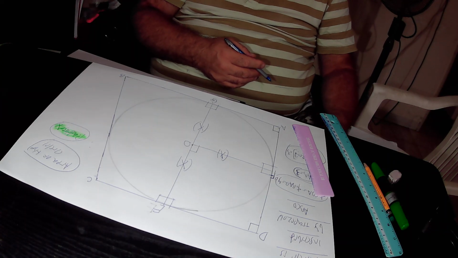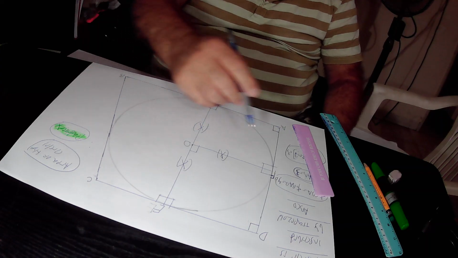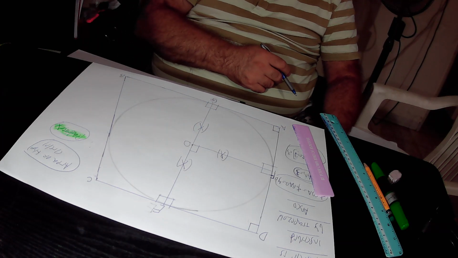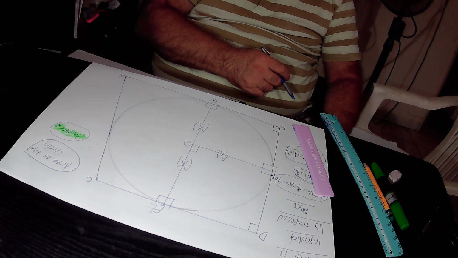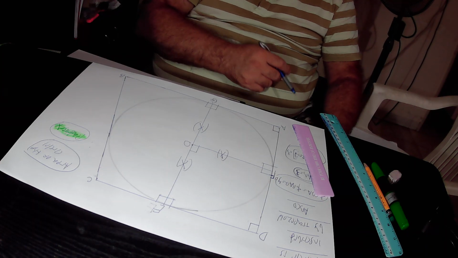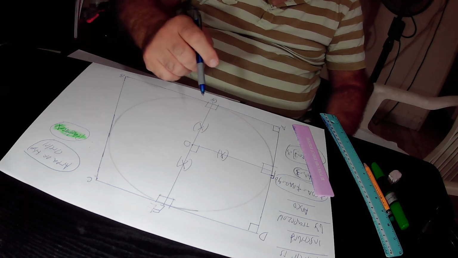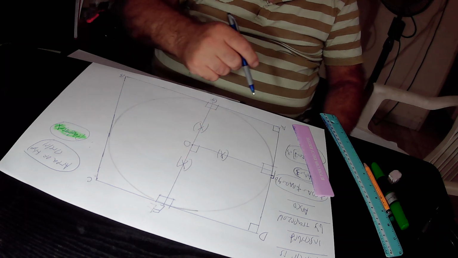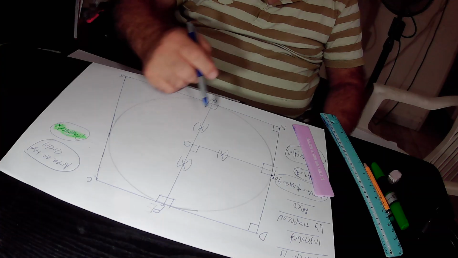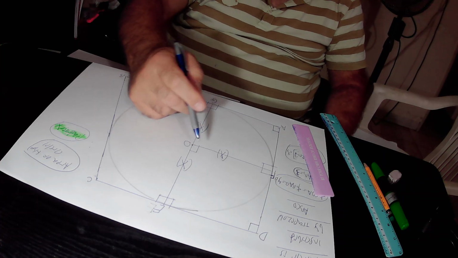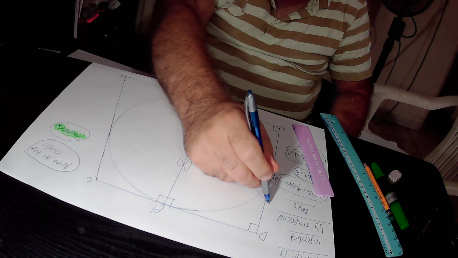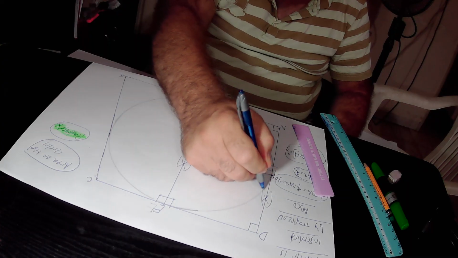But we also know that the opposite sides of a rectangle are equal to each other. So in rectangle DEOF, side EO must be equal to the opposite side DF. But EO equals x, therefore the opposite side DF must also be equal to x units in its length.